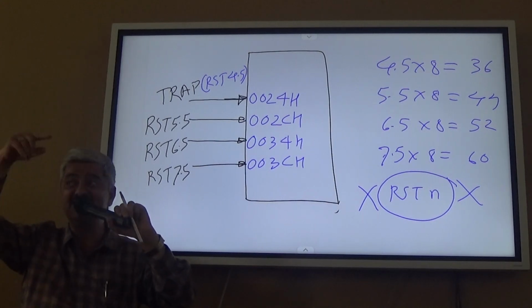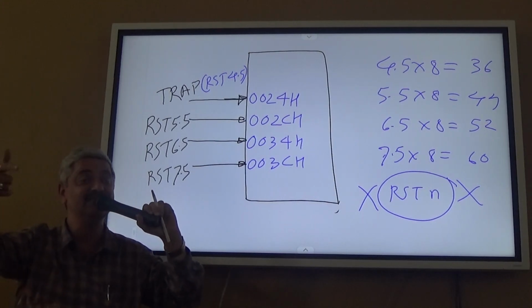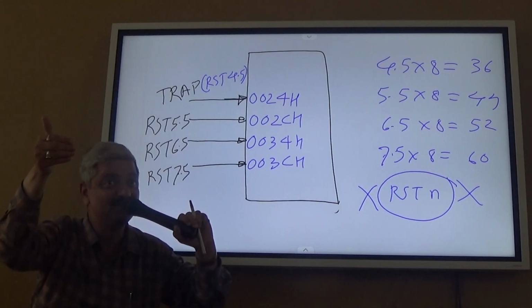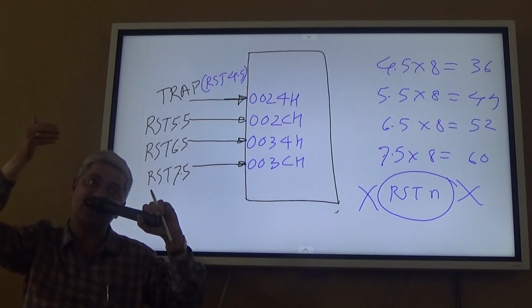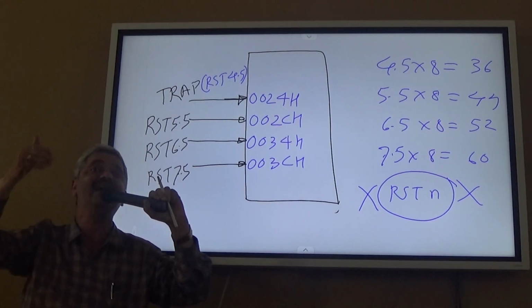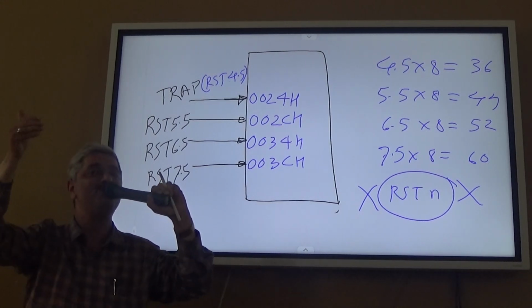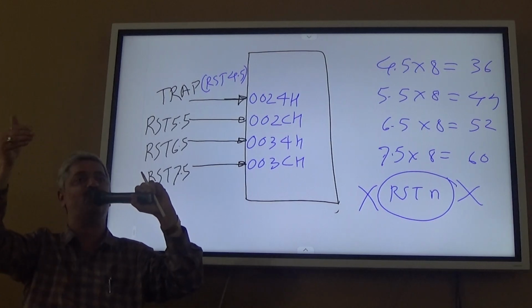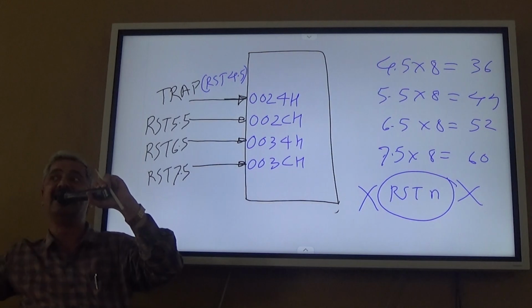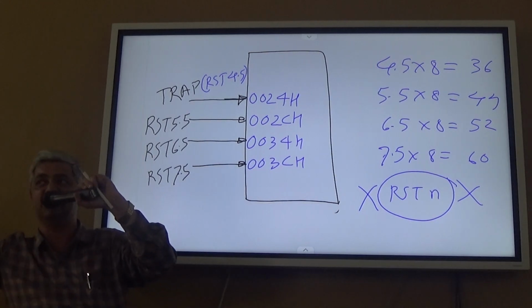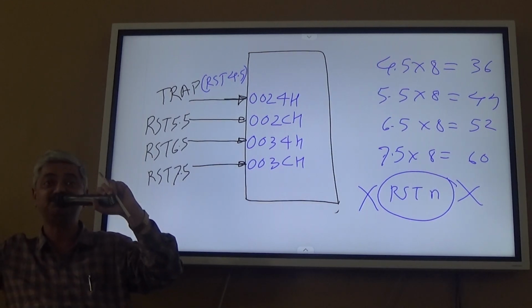So normal instructions like call something are instructions. After reading a call instruction, the microprocessor knows what to do. So the state of the microprocessor at the end of a call instruction is: store the current address of the program pointer on the stack and go to the given location, branch to the given location.